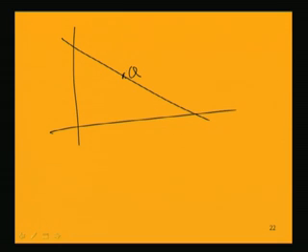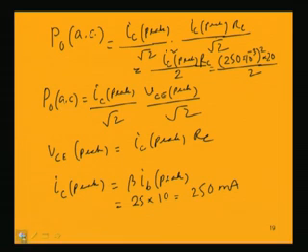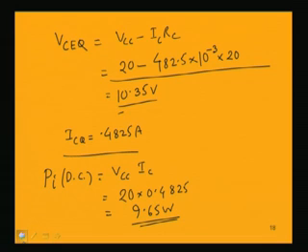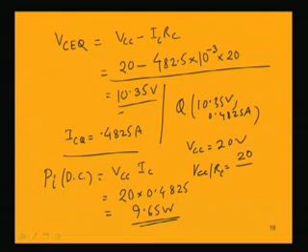In this particular example, we have got a quiescent point given by 10.35 volt and 0.4825 ampere, and we are using VCC to be 20 volt, and VCC by RC is 20 by 20, that is 1 ampere.